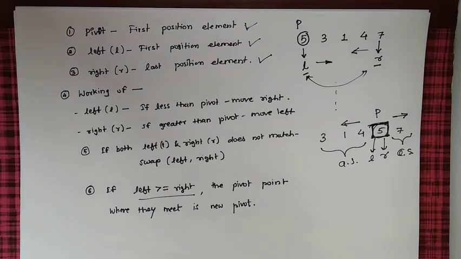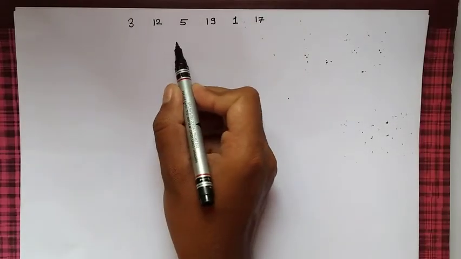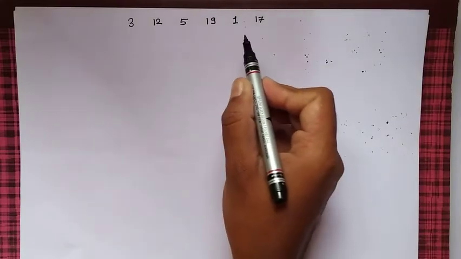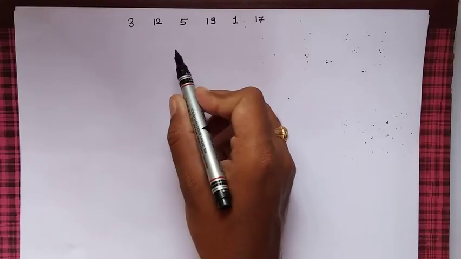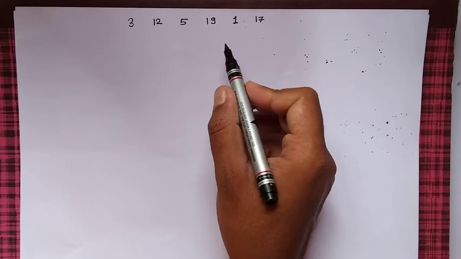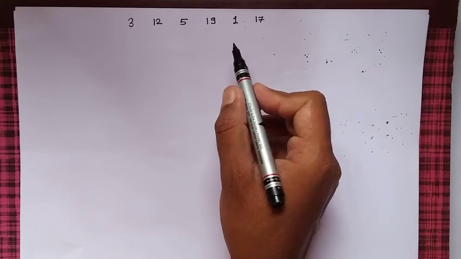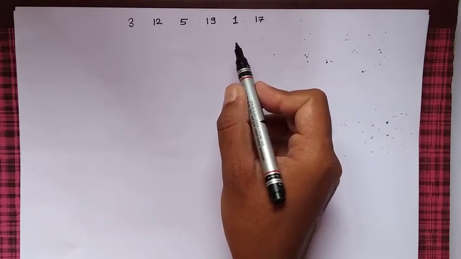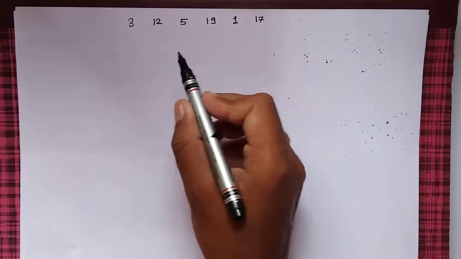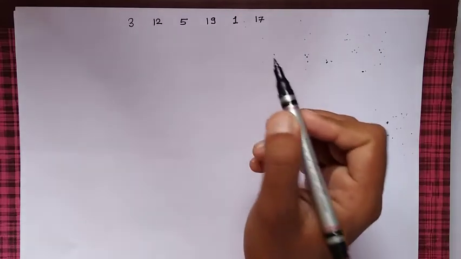So let us see one simple example based on this. This is the array list we have: 3, 12, 5, 19, 1 and 17, and all the array elements are in unsorted order. Now we want to apply quicksort and sort these elements into ascending order.